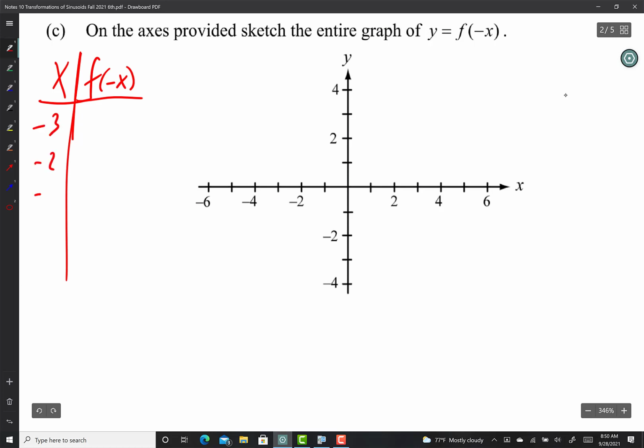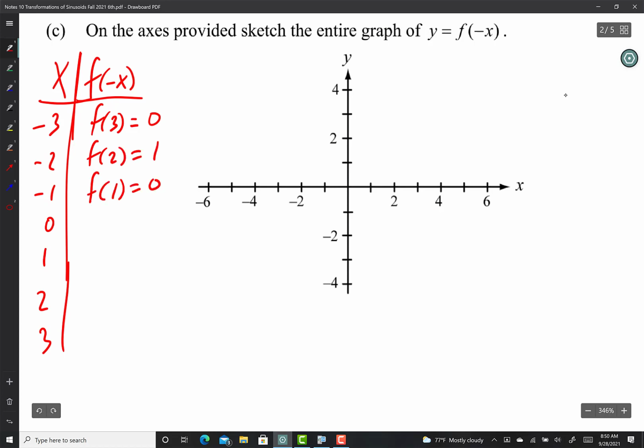Negative 3, negative 2, negative 1, 0, 1, 2, 3. So this means f of 3. F of 3 was 0. This means f of 2. F of 2 was 1. This means f of 1. F of 1 was 0. F of 0 is still negative 1. Now this one gets to f of negative 1. F of negative 1 was negative 1.